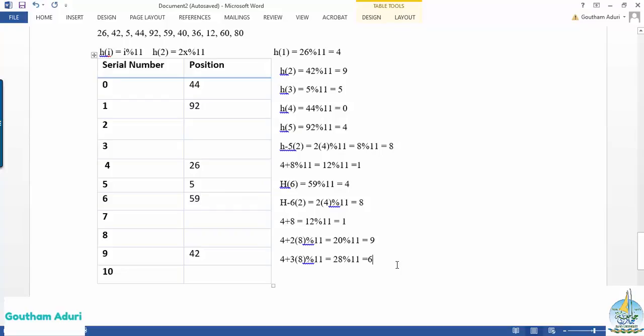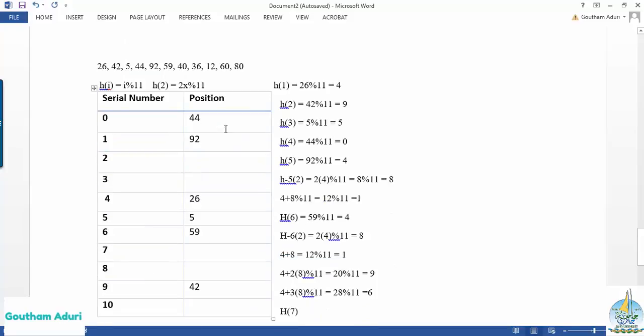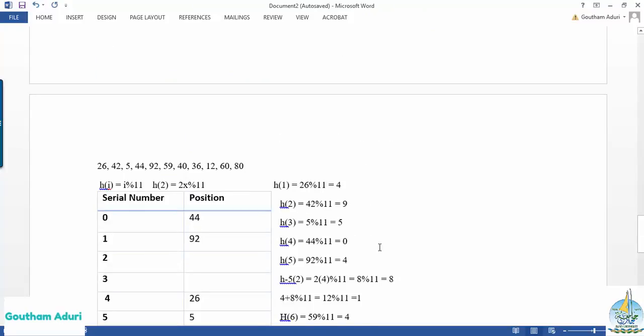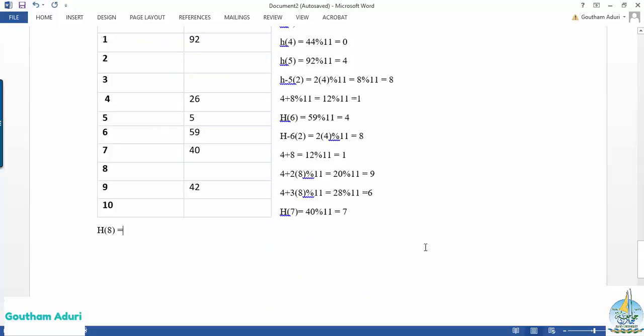Next h7, h7 is 40 mod 11. 40 mod 11 is going to be 7. So in the seventh position you are going to get 40. Next h8 is 36 mod 11. 11 threes are 33, so the remainder is 3.